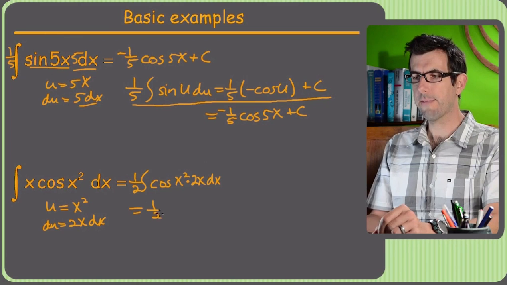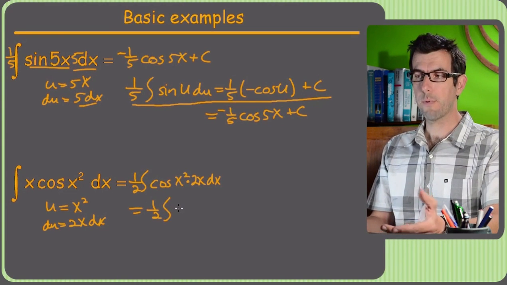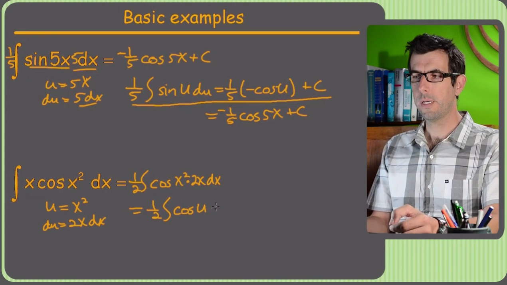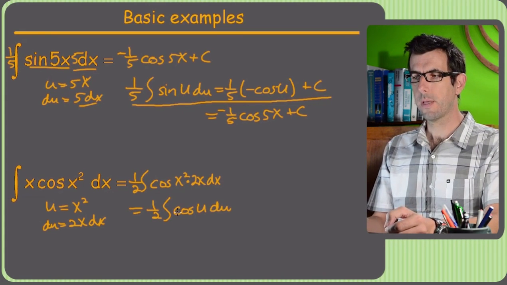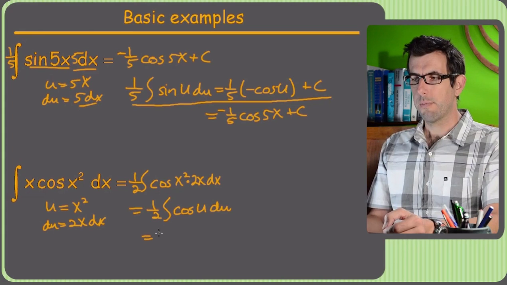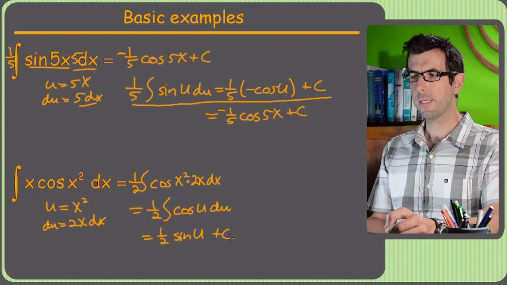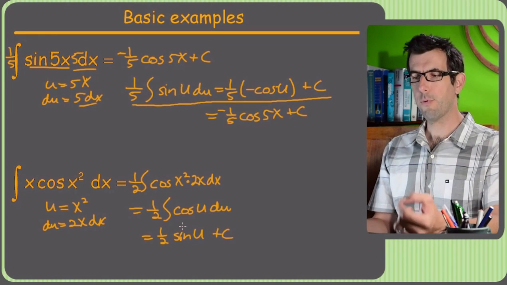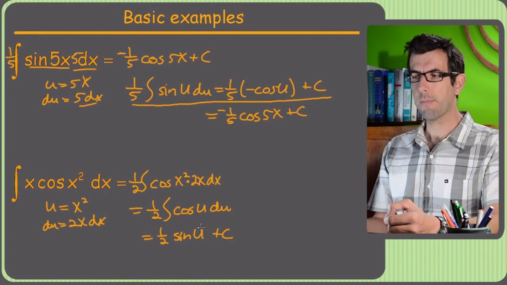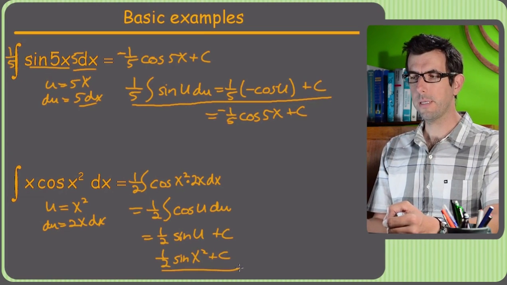So at this point, I've got a 1/2 integral, doing it the mathy way, of the cosine of u times du, which is going to be 1/2 sine of u plus c. And this last step, I will sub back in, instead of u, I'll put in my x squared again. So 1/2 sine of x squared plus c.